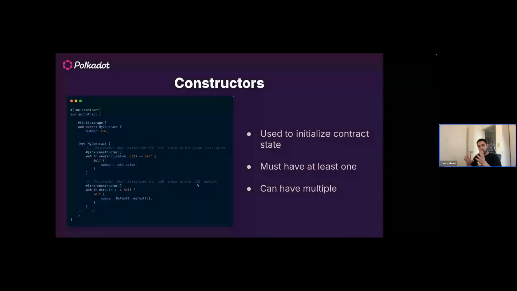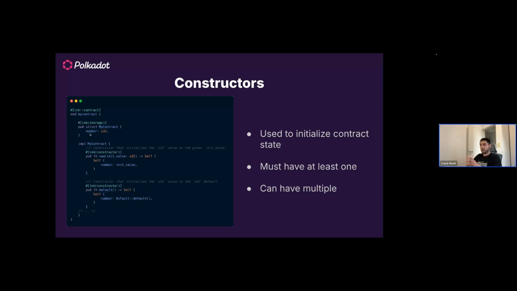Now, we're going to move to the next section, okay? Every contract needs a constructor. These constructors are used to initialize the contract and get the state initialized, because as you see here in this struct, we do not define the value, we just say the type.